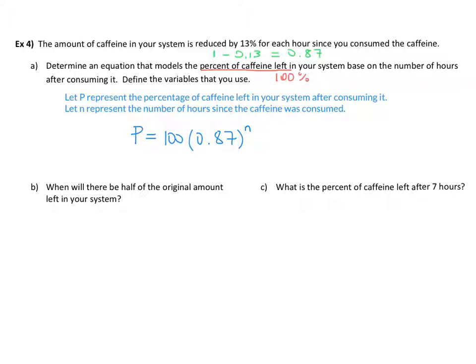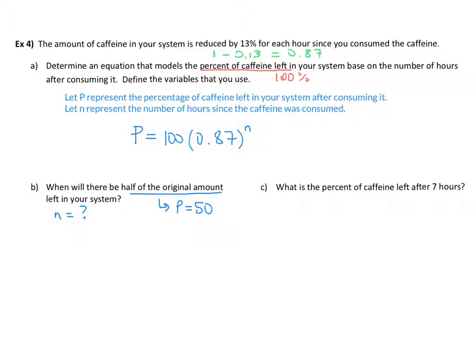So when is what we're trying to find. So we're trying to find the N, and we know half the original amount means our P is equal to 50. Since we know the P and we're trying to solve for the exponent, this would be one you could throw into Desmos to solve for that intersection point and write a therefore statement for that.